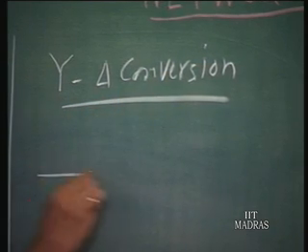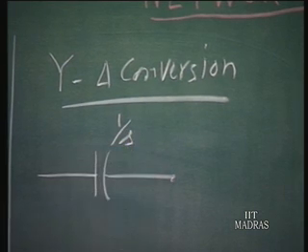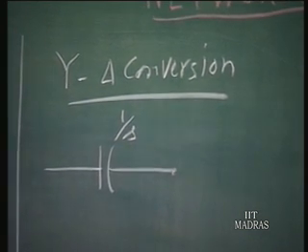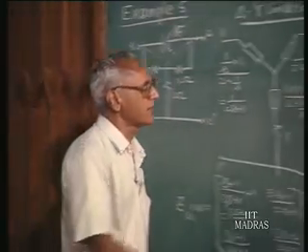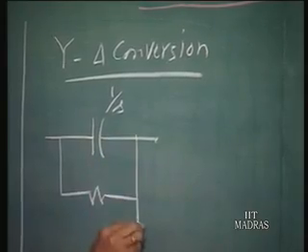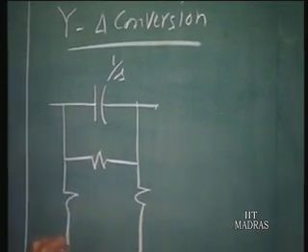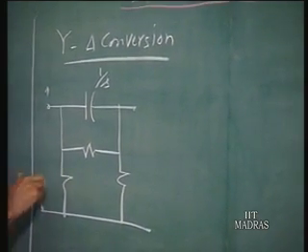we retain the identity of the 1 farad capacitance, which has got a generalized impedance 1 over s. In addition, these 3 resistors are connected into an equivalent delta. So that will be the altered configuration.